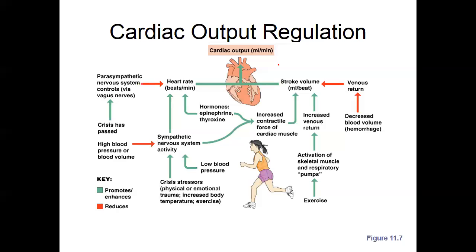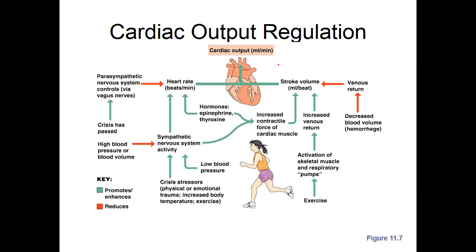So I'll talk about how cardiac output's regulated. I'm going to get through this and blood pressure, and then I promise I'll take a break and stop talking for a minute. Generally, we say the SA node is the pacemaker of the heart. We've always said the SA node is supposed to fire between 60 and 100 beats a minute.